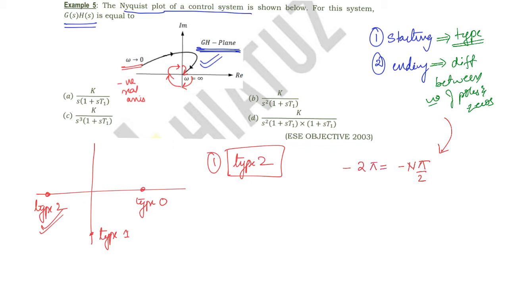So minus 2 pi equals minus n pi by 2 gives n equal to 4. That means there are 4 more poles than zeros: the number of poles is 4 plus the number of zeros. This is the second clue. The function should be type 2 and the number of poles should be 4 more than the number of zeros. You can see that this is satisfied by option D.